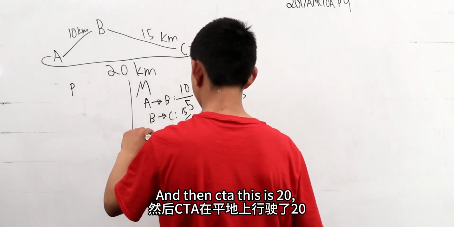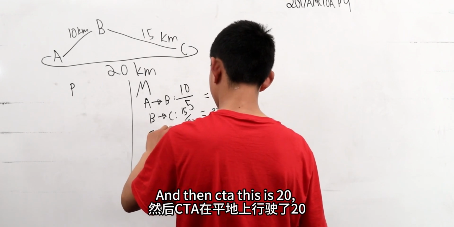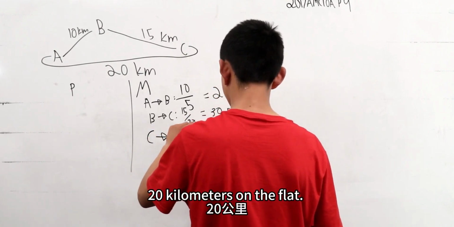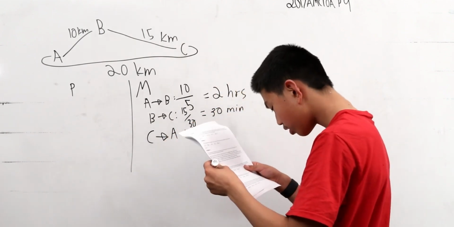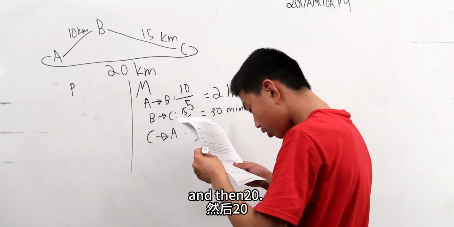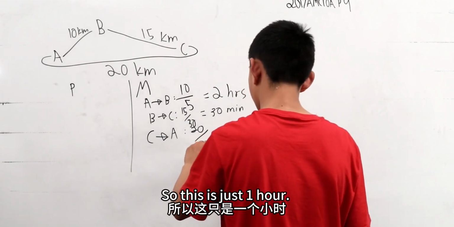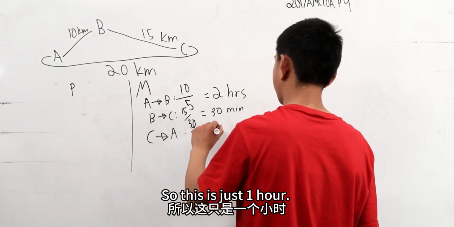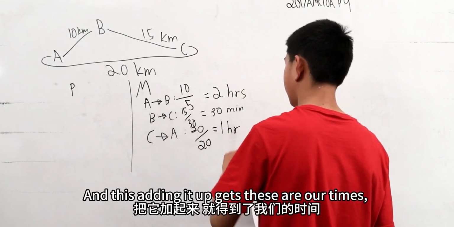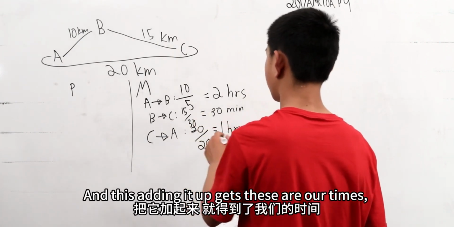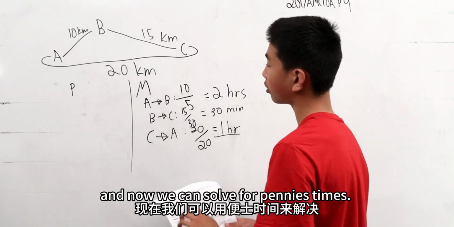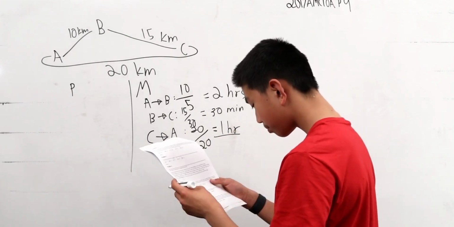And then C to A. This is 20 kilometers on the flat, so 20 over 20. So this is just 1 hour. Adding it up, these are our times, and now we can solve for Penny's times.